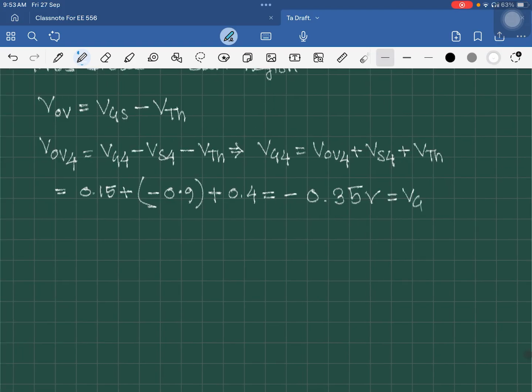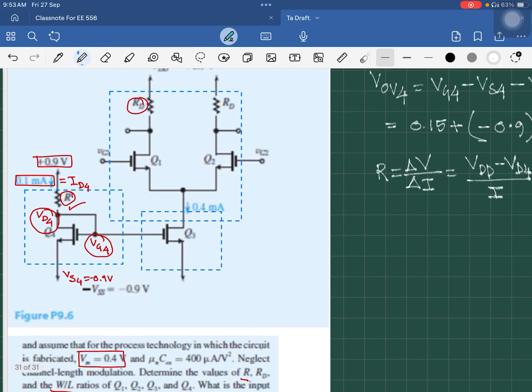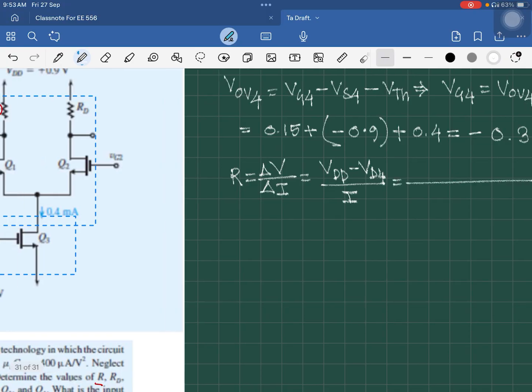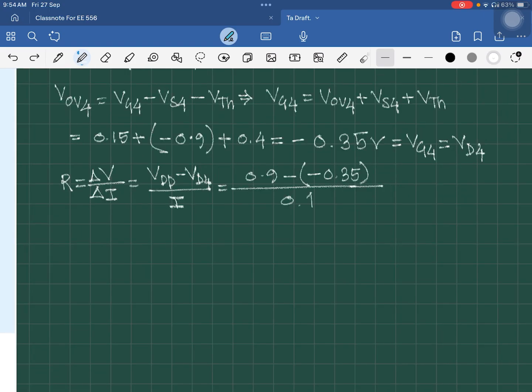So VG4 equals VD4, and we know that this R equals delta V over delta I, equals VDD minus VD4 divided by this I. Our VDD is 0.9, so 0.9 minus minus 0.35, divided by 0.1, equals 12.5.